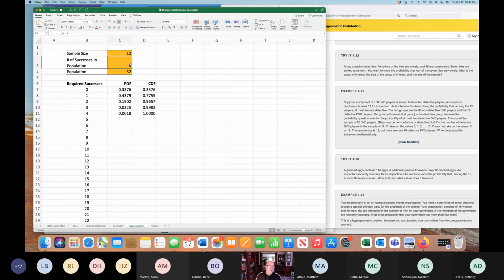So if I put 10, as soon as I hit enter, it's going to increase to probably 10 or 12. It goes to 10. It's going to take the minimum of these two. Can't get any more than 10 out of a population. Now, what's my total population? It was 100 DVD players. So there's my population. What is the question?